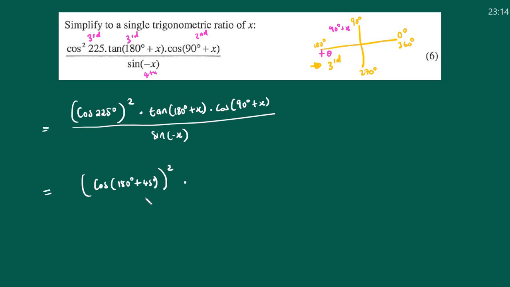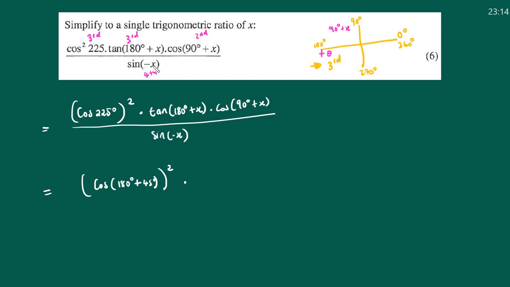Then there's nothing stopping you from working with the others already and simplifying them. Nothing is stopping you. So since tan 180 plus, we already identified that it is in the third quadrant. The next question we're going to ask ourselves is, is tan positive or negative in that quadrant?